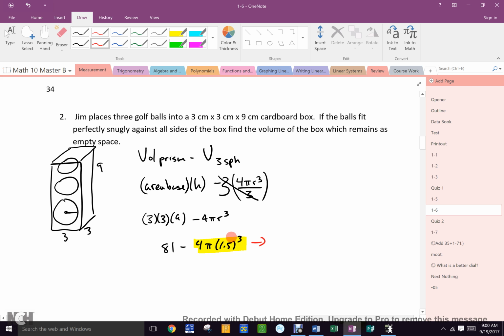How do I do 1.5 cubed on my calculator? Either you have to use the button that cubes, but not all calculators have that, or you got to use the exponent button. Not all calculators' exponent buttons look like that, though, do they? It might be y with an x.